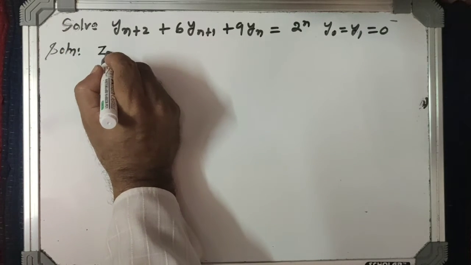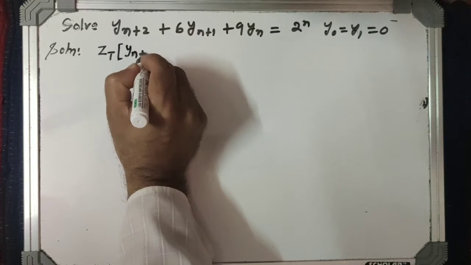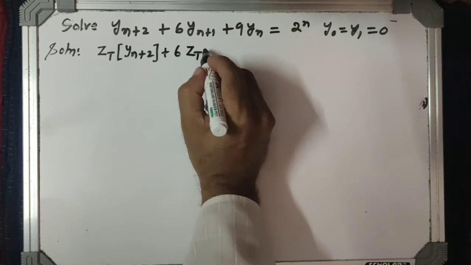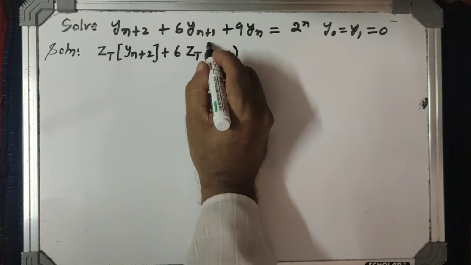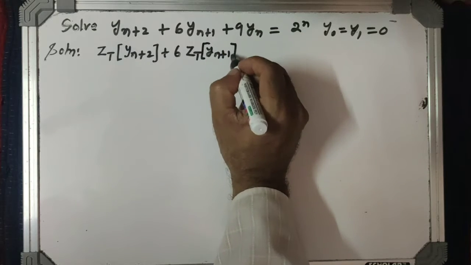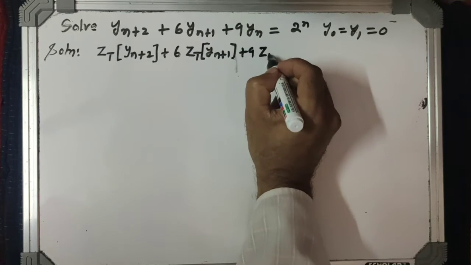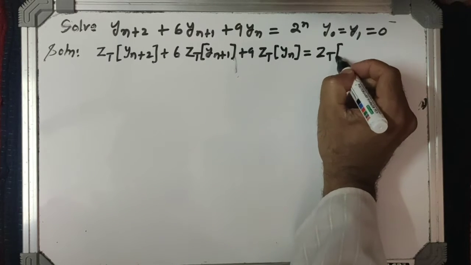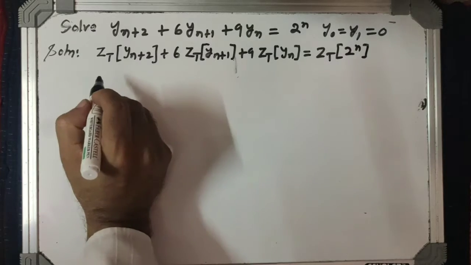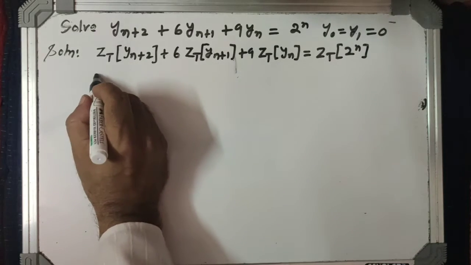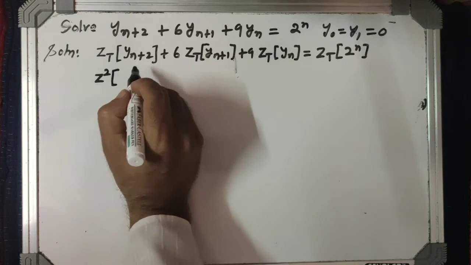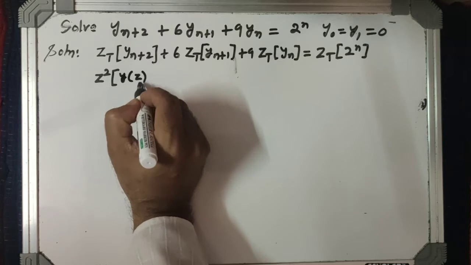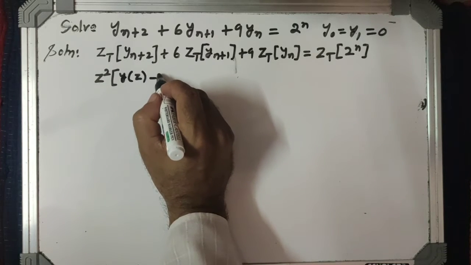So the Z transform of y(n+2), plus 6 is a constant, the Z transform of the sequence y(n+1), plus 9 is a constant, the Z transform of y(n), which is equal to the Z transform of the right hand side, 2^n. The Z transform of y(n+2) is Z squared into the function of Z, so I will write it as Y(Z), minus y0 u0.